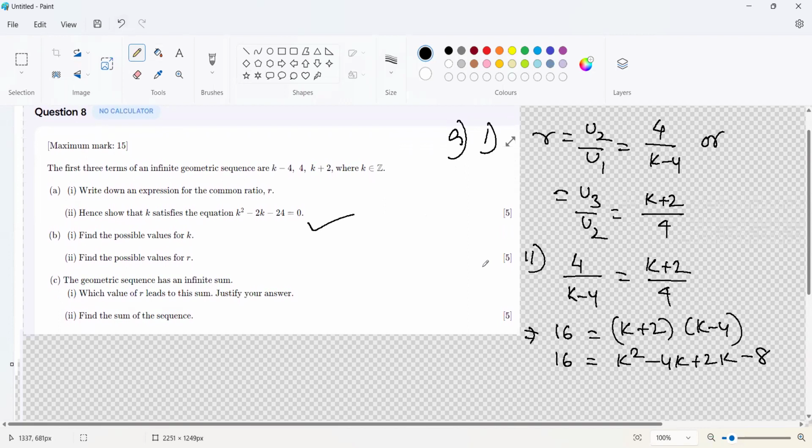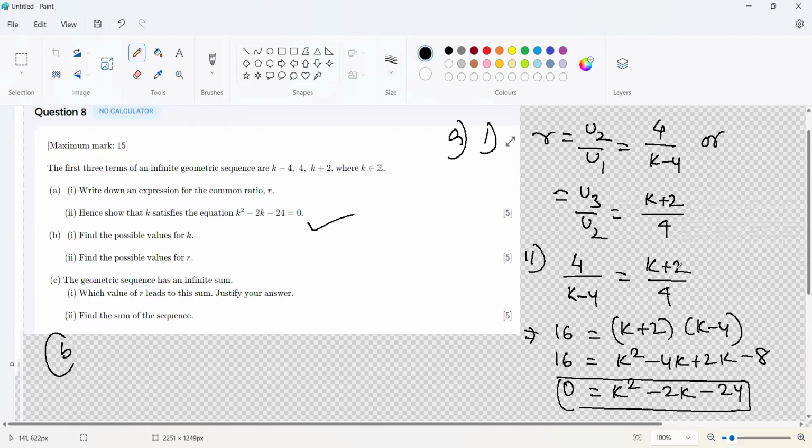So shift the position of 16 to the other side. Minus 4k plus 2k would be minus 2k. Minus 8 minus 16 is minus 24. This is what they want us to do. This is the expression for the k which satisfies this equation.